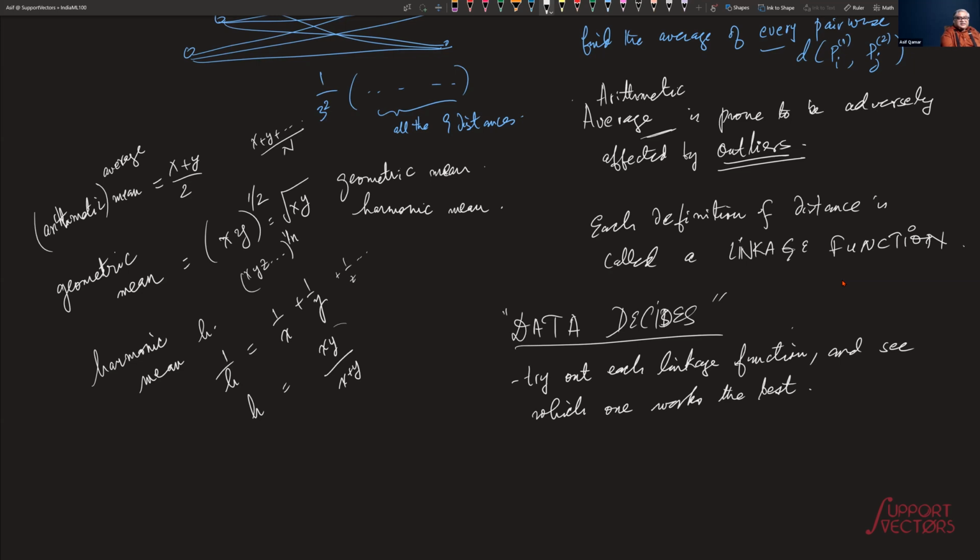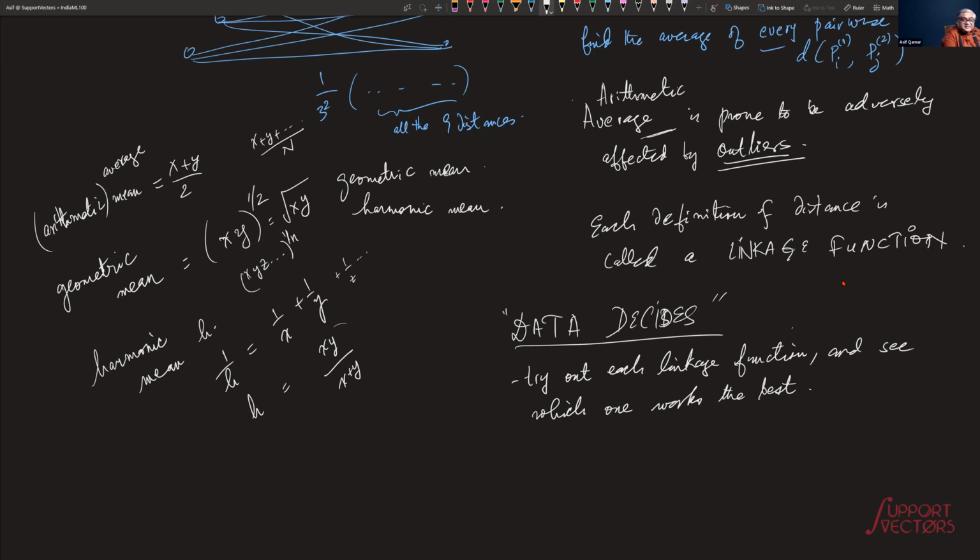In other words, for some data sets, some approach is better. For other data sets, another approach is better, which is why machine learning literature is rich with many, many approaches. Some approaches are used more commonly, some less commonly. For example, you can look up scikit-learn, the library, and see what the hierarchical clustering algorithm uses by default.